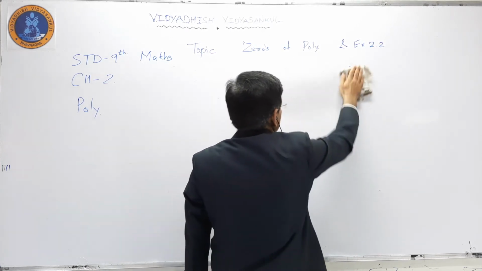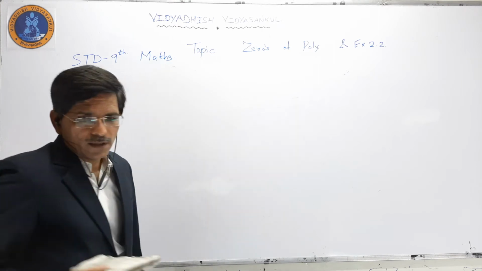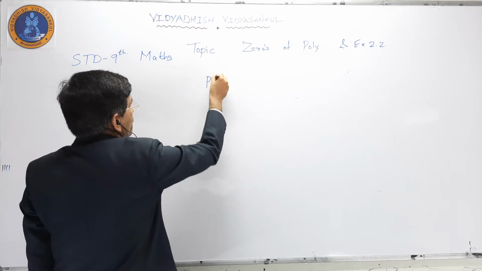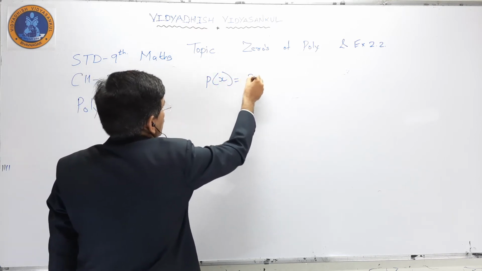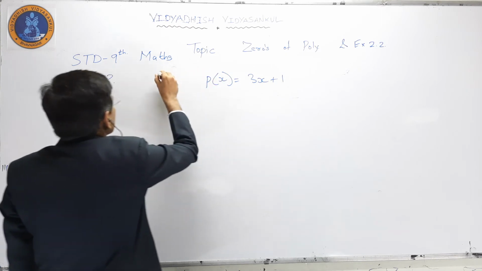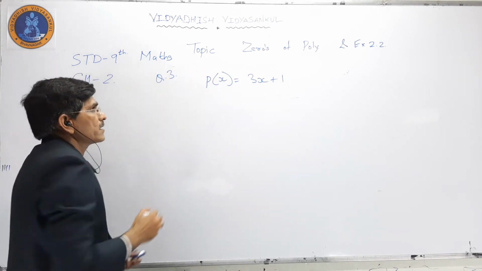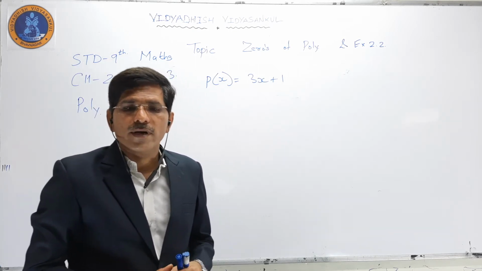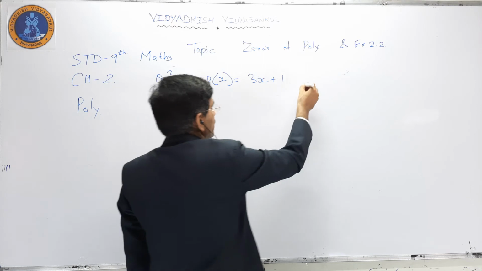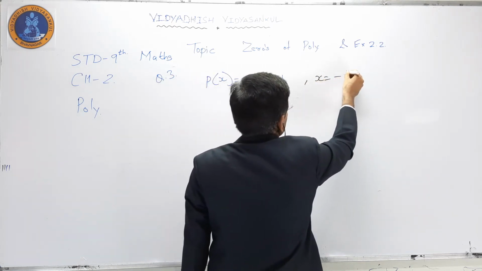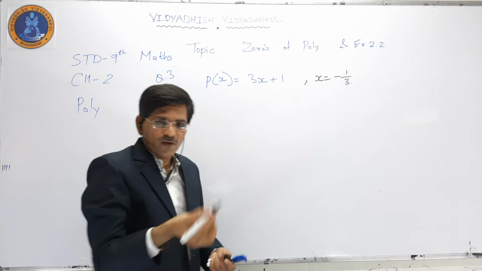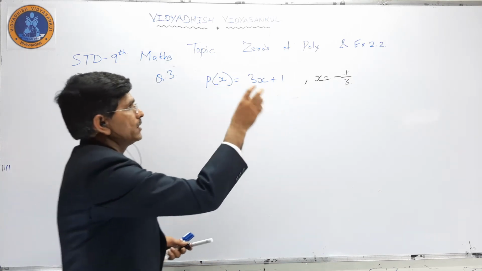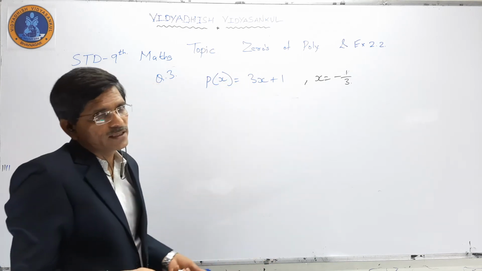So question number 3: P of x is equal to 3x plus 1, and the x value is given, x is equal to minus 1 by 3. Verify that we can get answer 0 or not. If we put the value here and if we get answer 0, we can say verified.